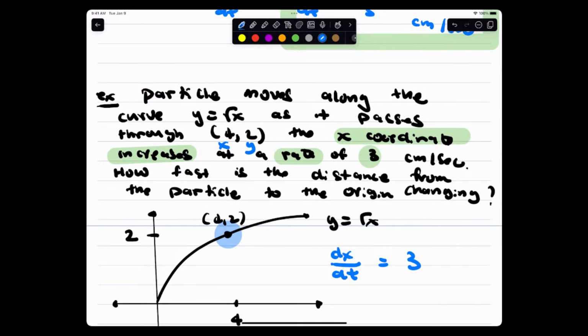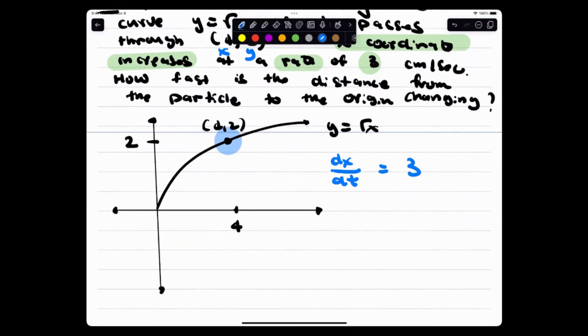And then they're saying, how fast is the distance from the particle to the origin changing? So you say, what? Here's a particle. Here's the origin. You guys okay with that? And this is D. D for what? Distance.